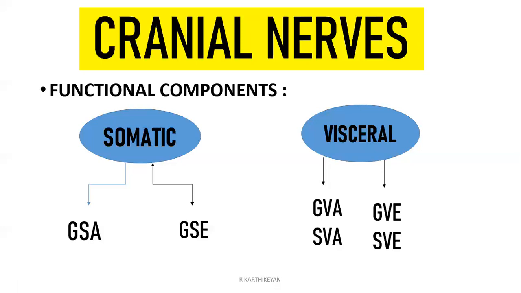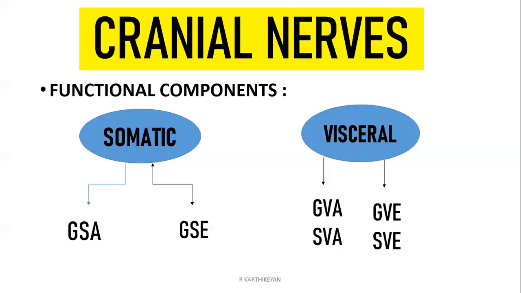Now if you take general visceral efferents. Generally, what are the efferent fibers? All your fibers to your glands and your general viscera smooth muscles. All these are general visceral efferents. Special visceral efferents are for muscles derived from the pharyngeal arch.